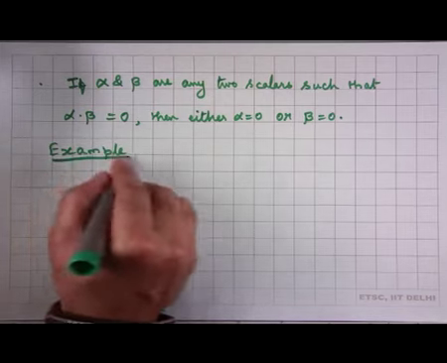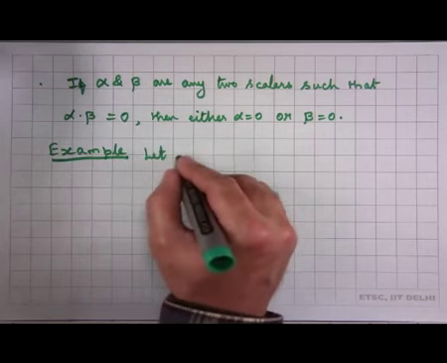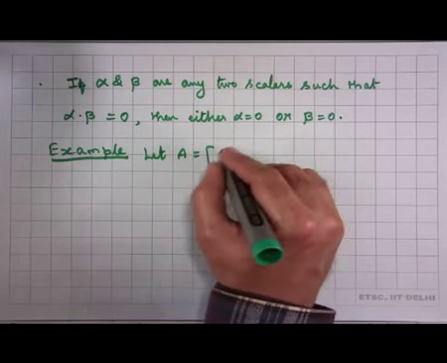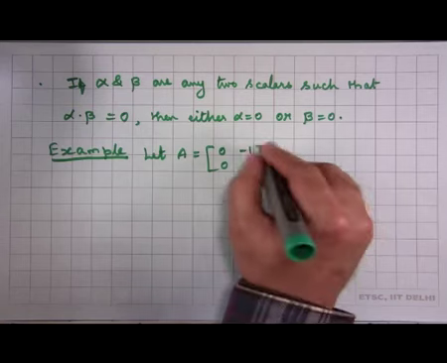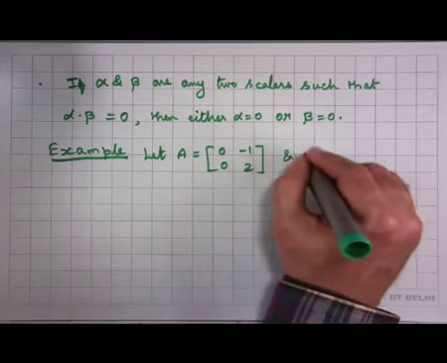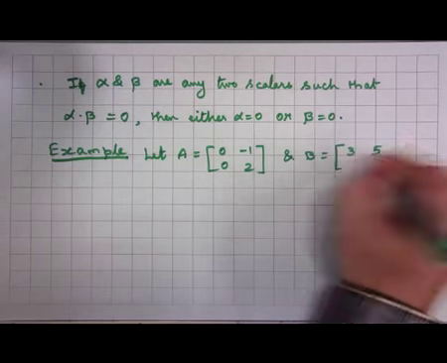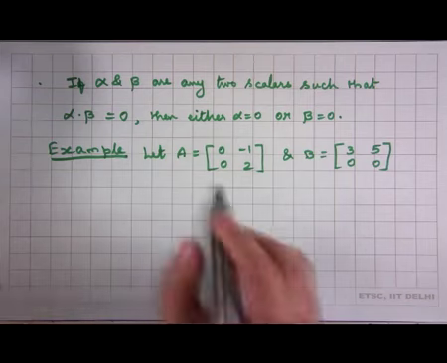where this fails. So, let A equal to [0, -1; 0, 2] and B which is [3, 5; 0, 0]. You have these two.